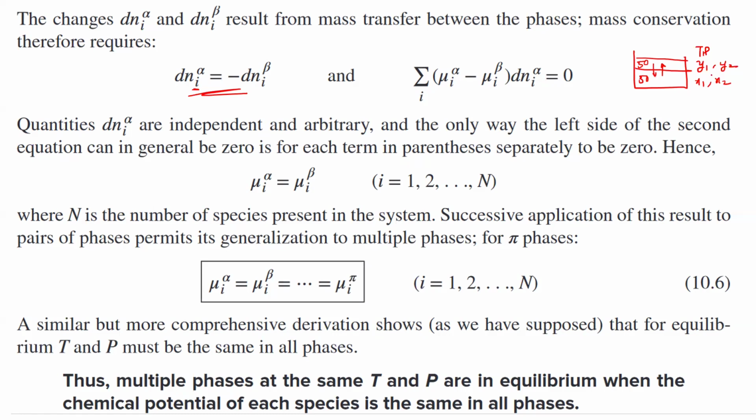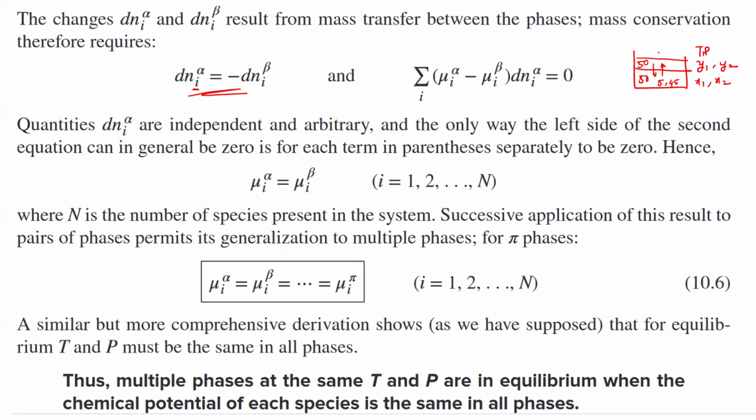So here, I'm only talking about two species. So if 50 moles of liquid phase is there, and out of that for example, 5 moles of air and 45 moles of water is there.